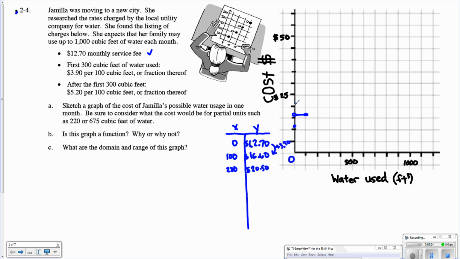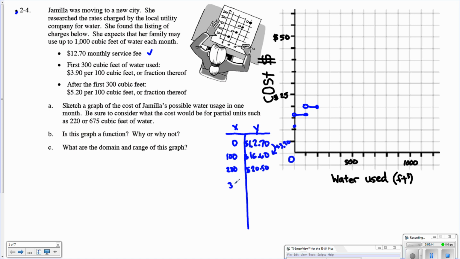So 5, 10, 15, $20.50 here. So we're basically looking at an open circle there. It goes across to the next 100. So anything up to 200 should be paying $20.50.